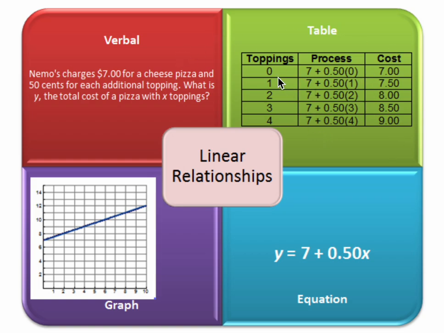If you have the table, then you can easily create your coordinate points. So how do you write this into coordinate points? (0, 7), (1, 7.50). On your graph, the flat one is your x-axis and the vertical is your y-axis, right?